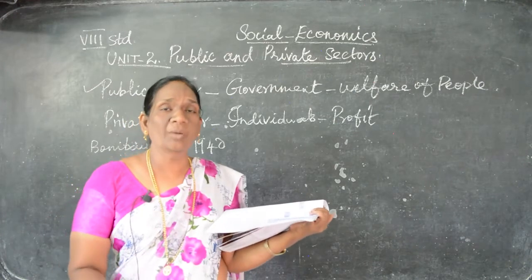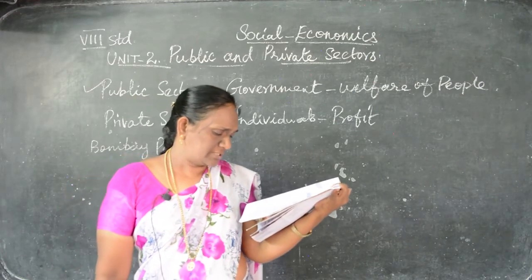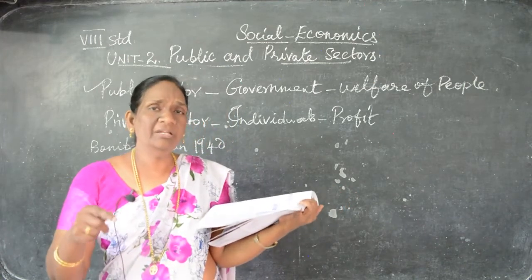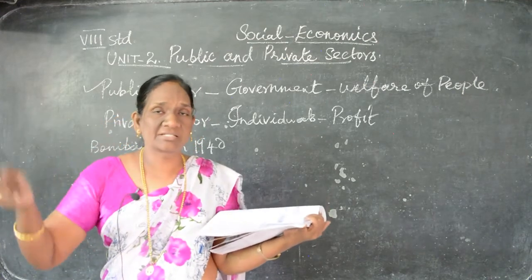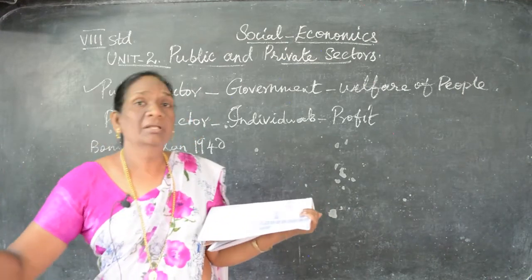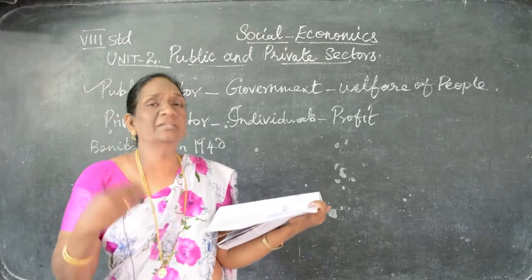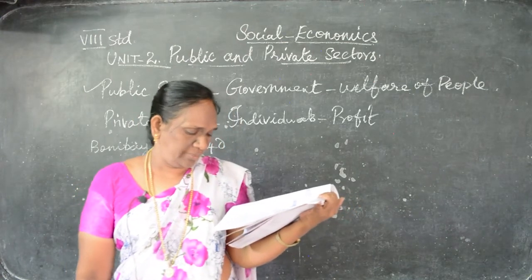He adopted the mixed economic system in India. He believed in the establishment of basic and heavy industries. There was government control, and also private ownership. Joining both of these together, he brought the mixed economic condition to the Indian economy.